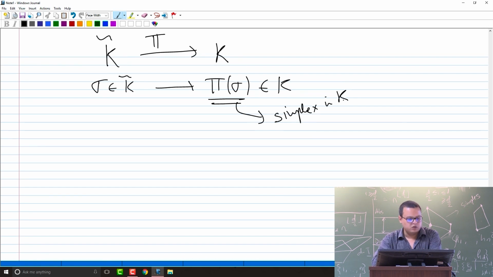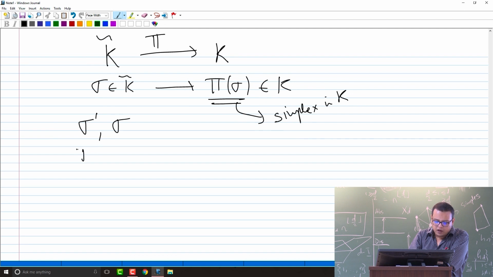Not only that, you want simplicial properties to be satisfied all through. Let us take sigma prime, and take pi of sigma intersection sigma prime. This is a simplex in K tilde, because it is a subset of sigma and sigma prime, both contained in K tilde.